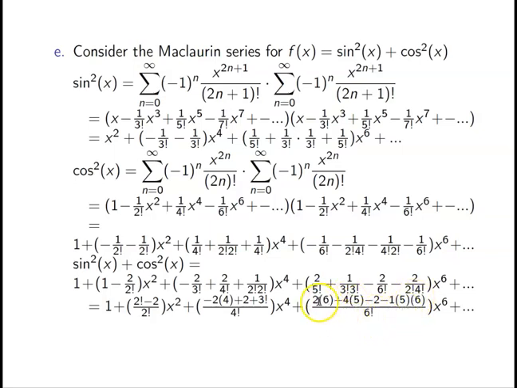And this is 12 and a negative 2, which gives me 10. So positive 10 and a negative 10 give me 0. So everything is going to cancel out, and I'm going to be left with 1, which should not be a surprise because this is a trig identity, right? Sine squared x plus cosine squared x is equal to 1. So we just verified this by using series, right?